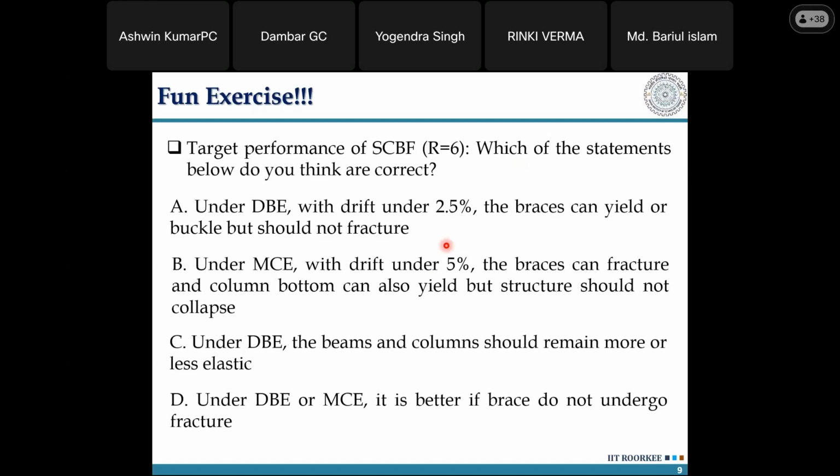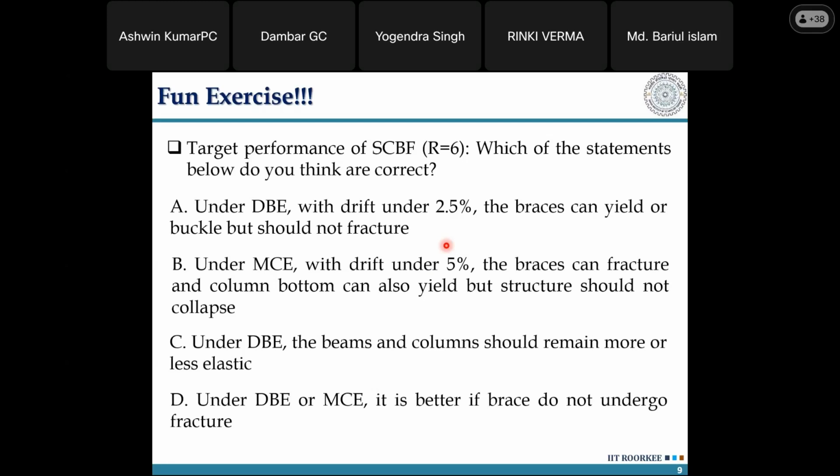This is taken from the international code, FEMA code, and it defines that when you do a nonlinear or performance-based design, let's say under DBE, the interstory drift ratio has to be kept below 2.5 percent. The braces can yield and buckle under this, but should not fracture.